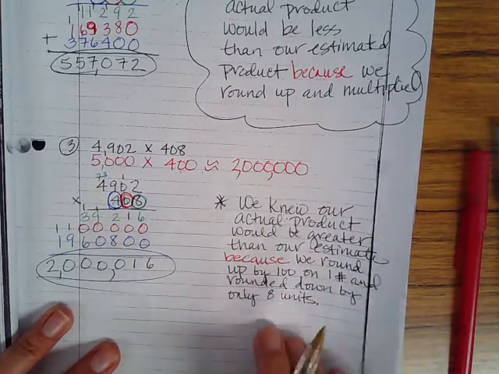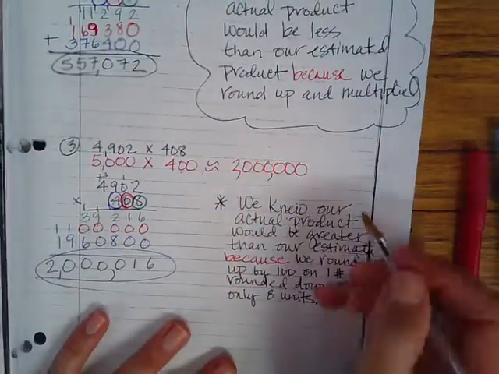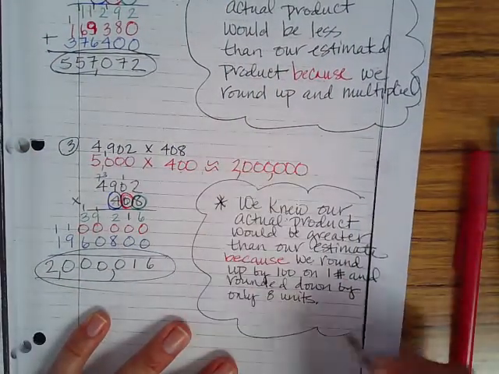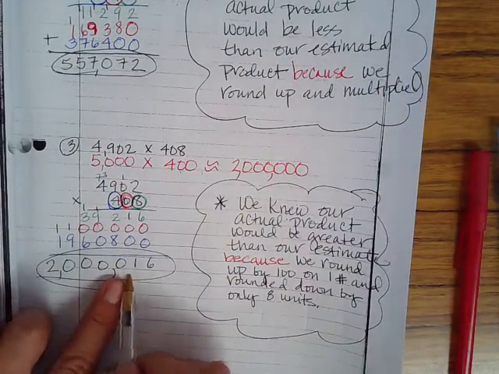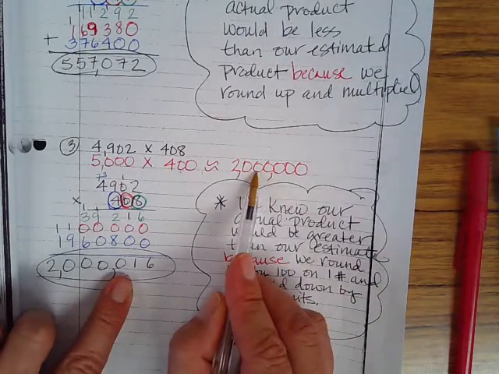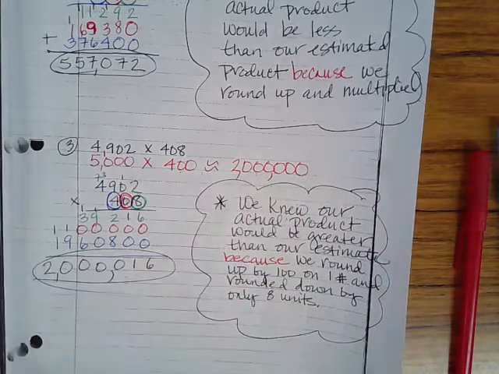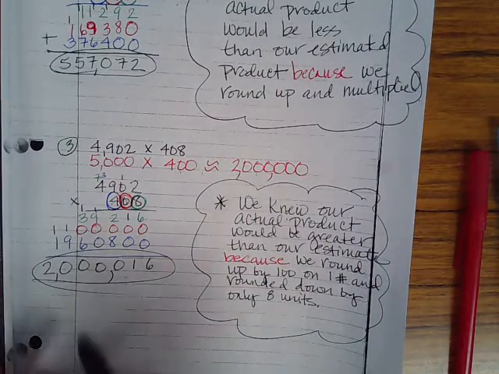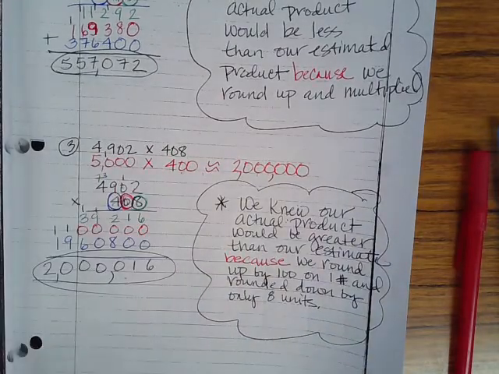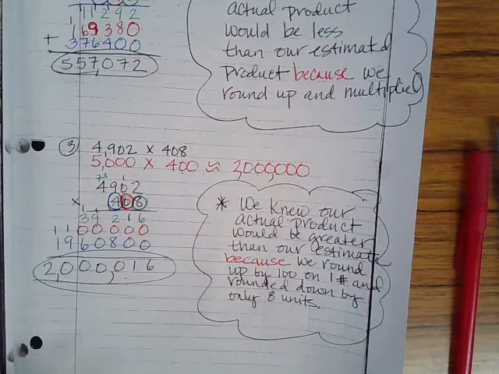That's why. It's because we rounded up a whole 100 but rounded down by 8 units. So we knew our actual answer would be greater than our estimate. So our actual product is greater than our estimated product because we rounded up by a whole 100 and we rounded down by only 8.